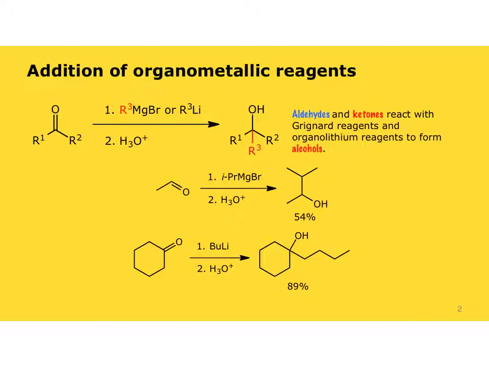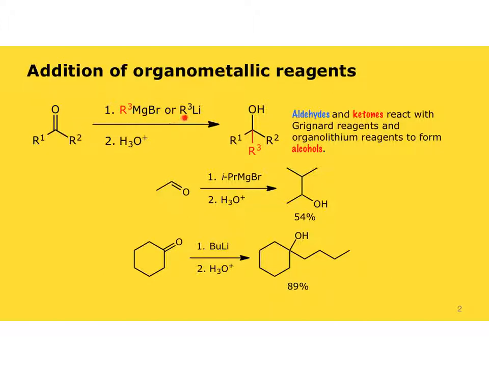Last semester we talked at some length about Grignard reagents, alkyl magnesium bromides being the most common, and organolithiums. And we talked about how those reagents are formed from their corresponding alkyl halides. The addition reactions of those are carried out under anhydrous conditions.